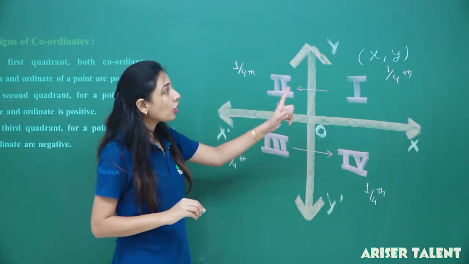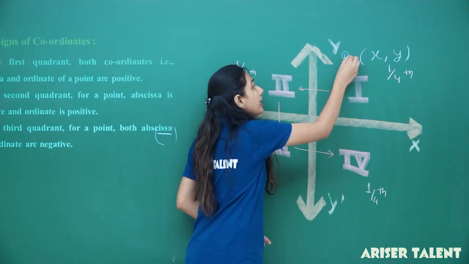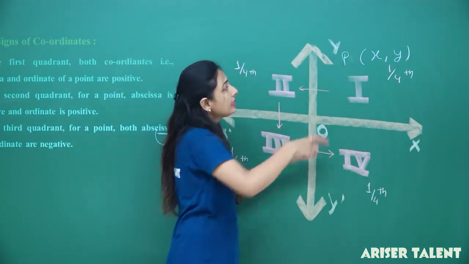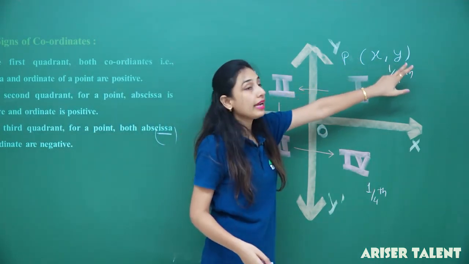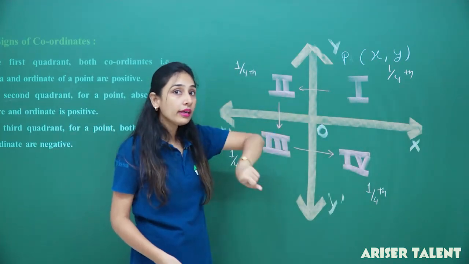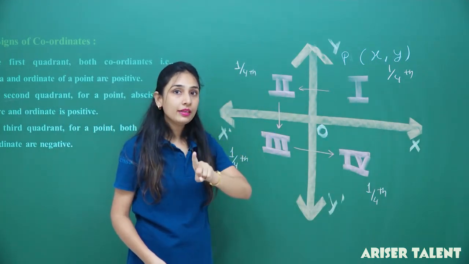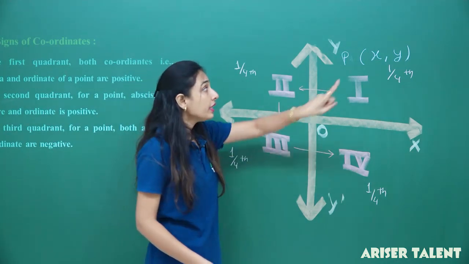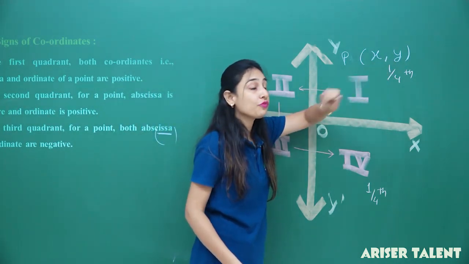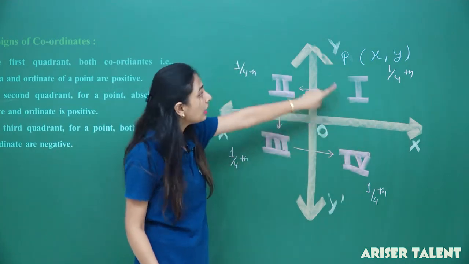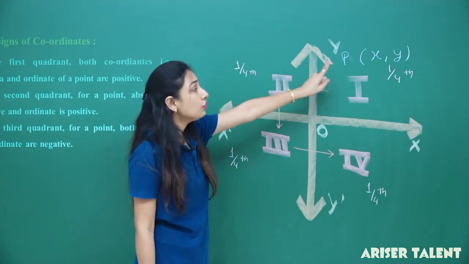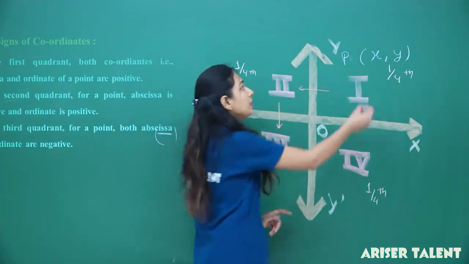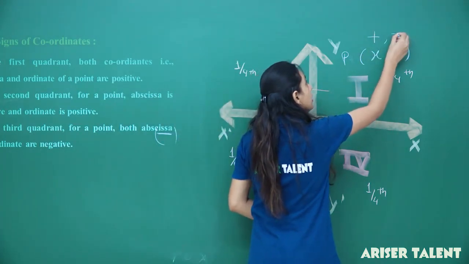I always talk about a point P. If this point P is here and has x and y as abscissa and ordinate, why am I repeating it? Because that should be very clear to you. Now if this is positive and this is positive, why? Because I am not having any dash here. So that is positive and positive.